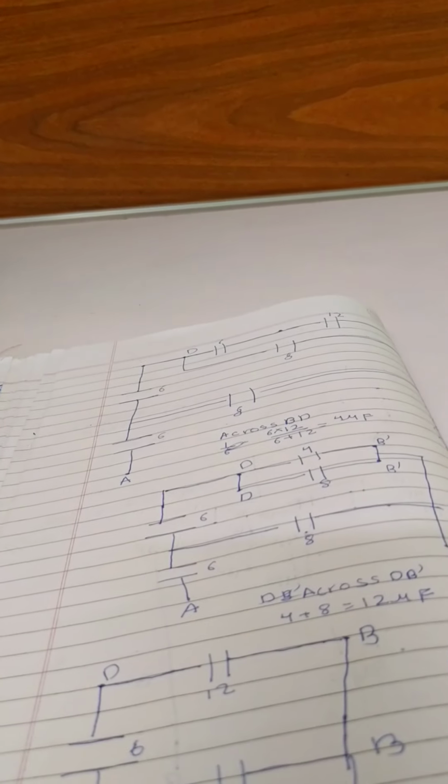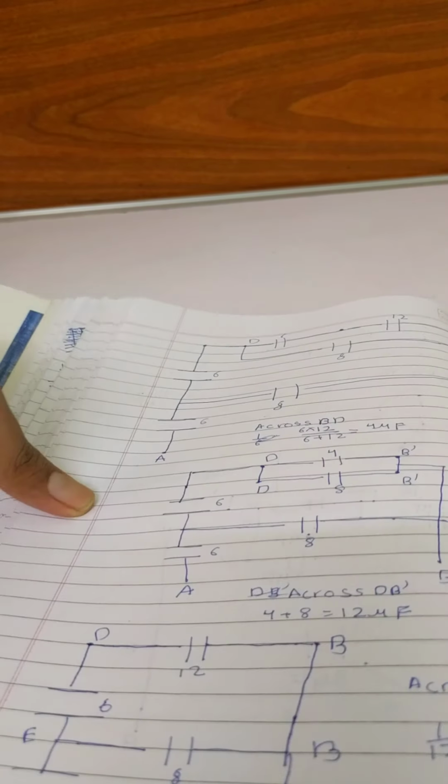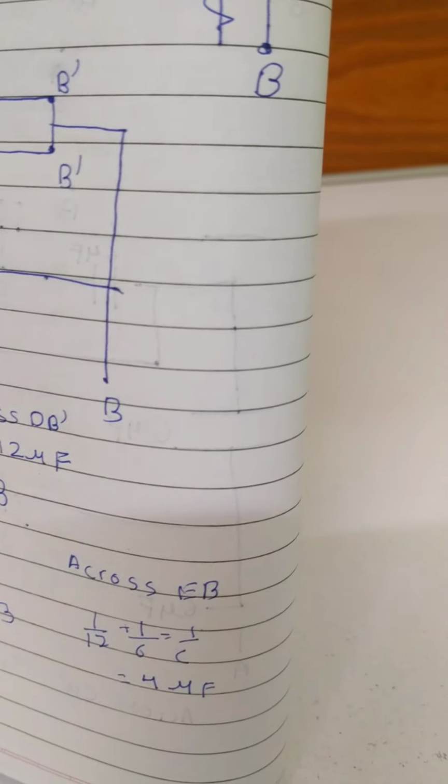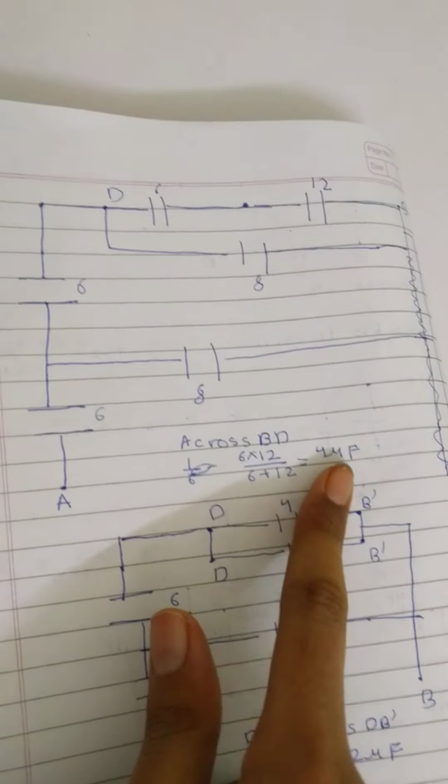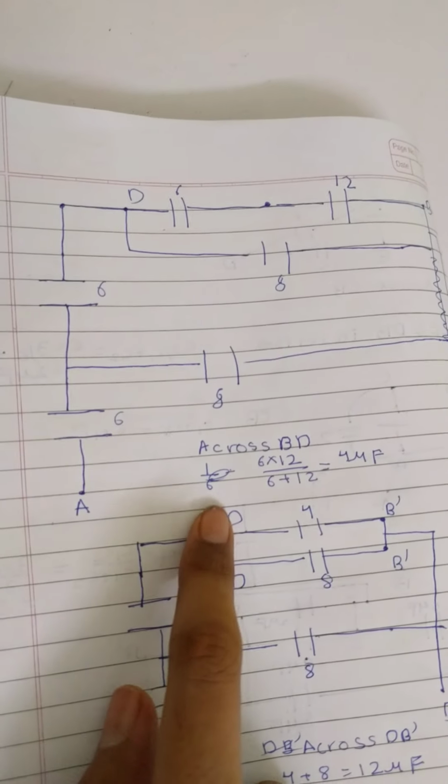If I find the equivalent capacitance between them, as I told, for series, across B and D, it will be 1 by C equal to 1 by C1 plus 1 by C2.